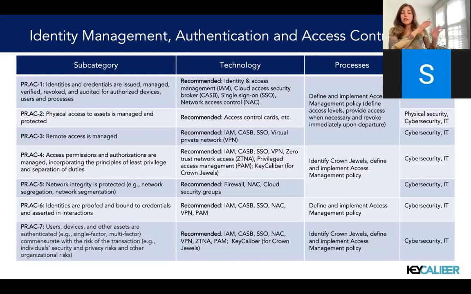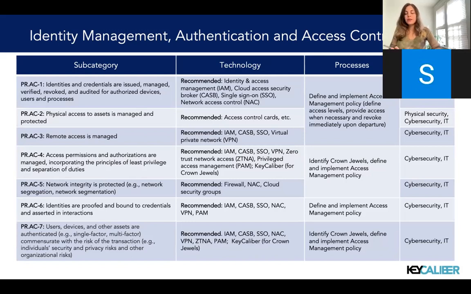For all three of these first ones, the process is pretty much the same, where you need an access management policy. That's where you have your different access levels, you decide who is entitled to those access levels, and then a big point is that you revoke that access as soon as they're no longer there.